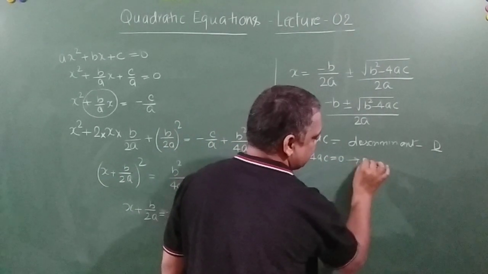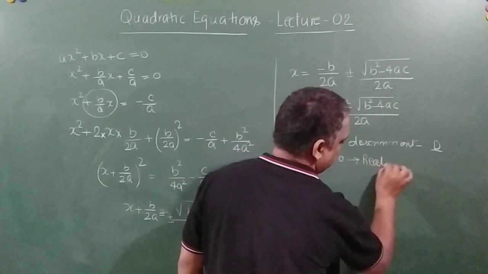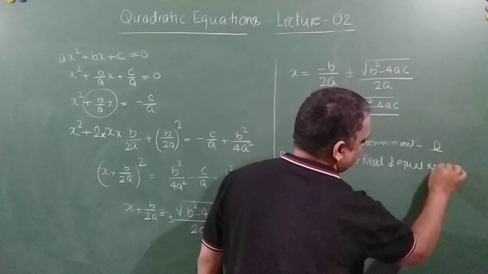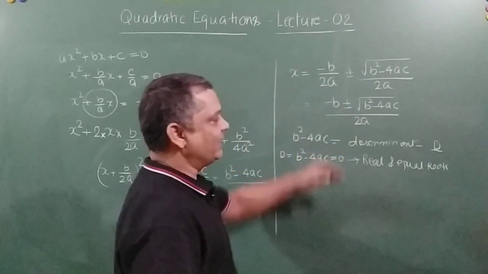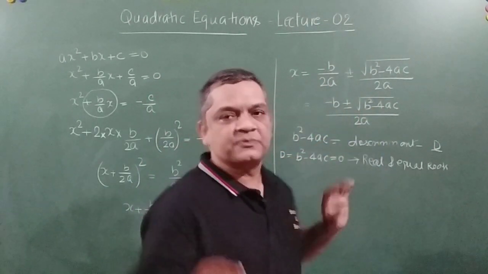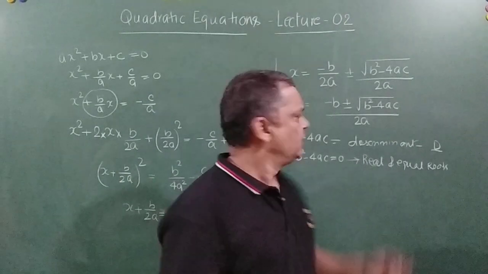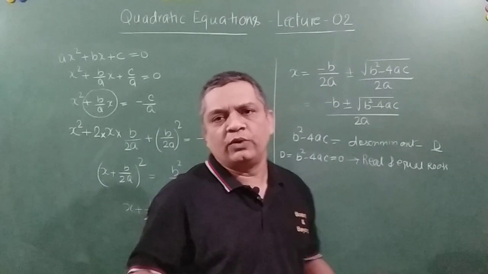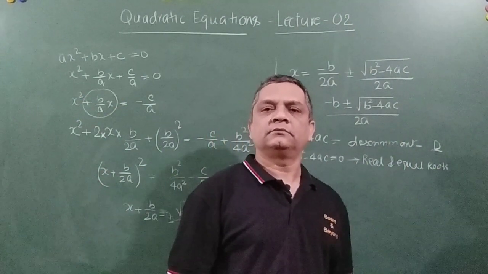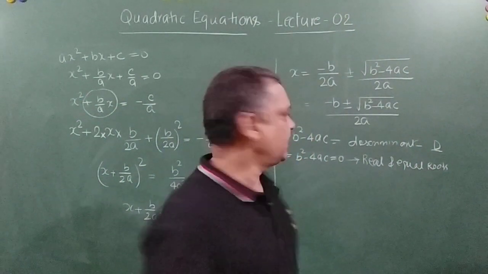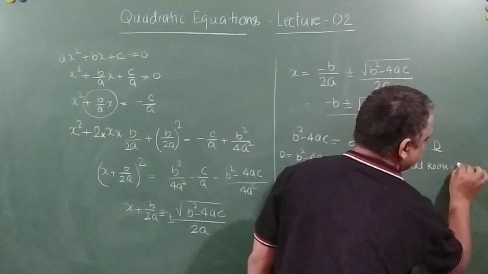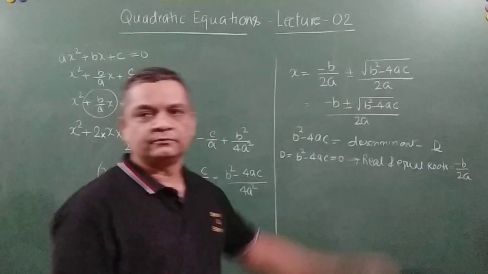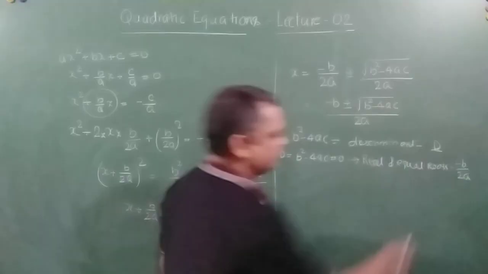So this implies that real and equal roots. You can very well analyze it also, because if this term becomes 0, right? So this doesn't have significance now. So your two roots are nothing but minus b by 2a and minus b by 2a. Both are equal and same. Correct. So which is equal to minus b by 2a. Right? You are getting my point?